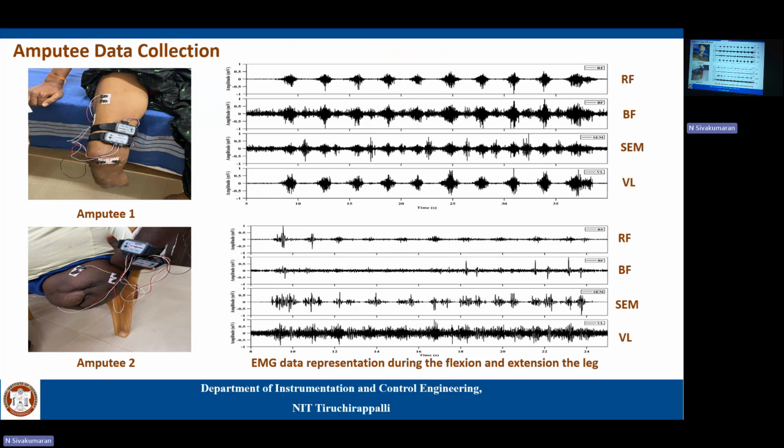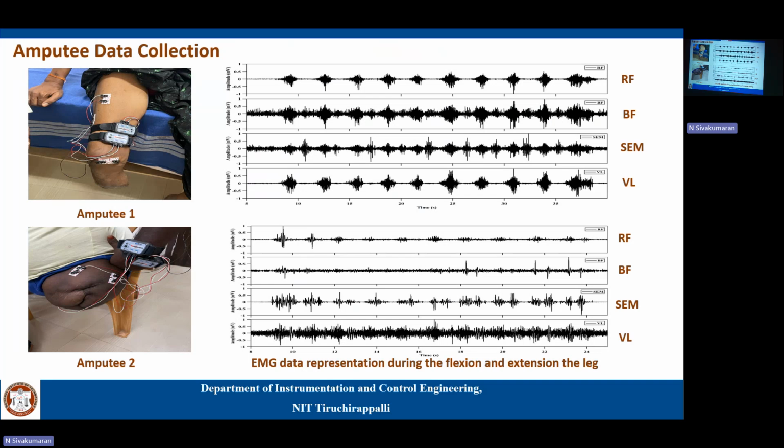And in patients, they will have only the remaining muscles. So even though two muscles in the front side contribute, if I could use EMG activity from only one front muscle and only one of the back muscles, that's a pretty decent thing.